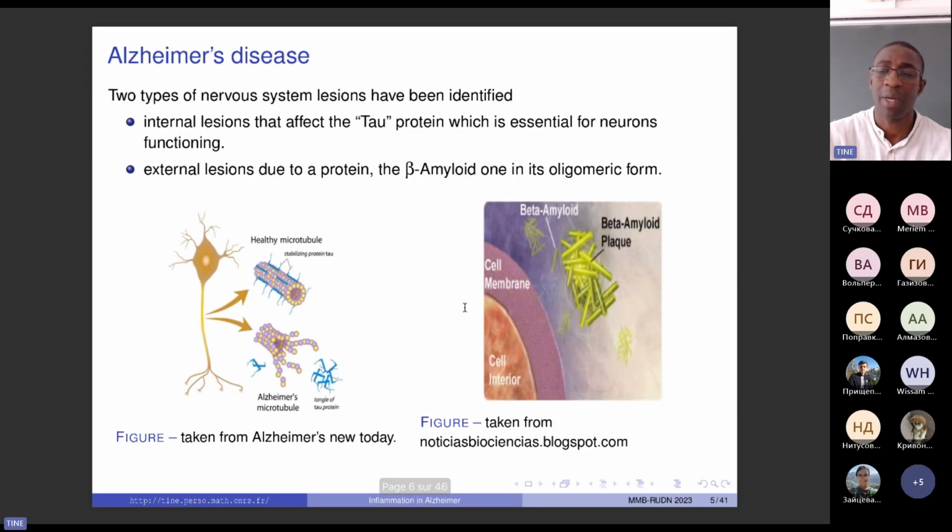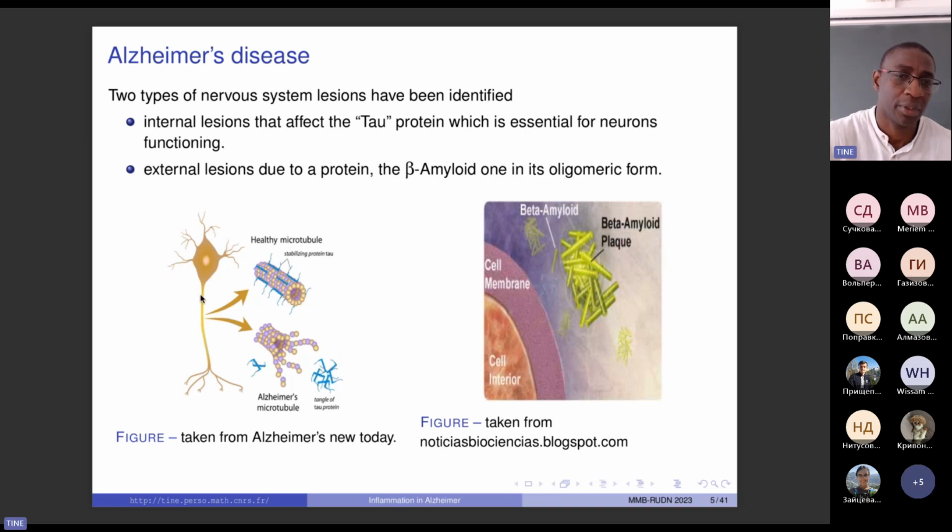What we know from the biological point of view is that there are two types of lesions. The first type of lesion affects the tau protein. The tau protein maintains the microtubules of the neuron, which are bound by tau protein and kept stable.